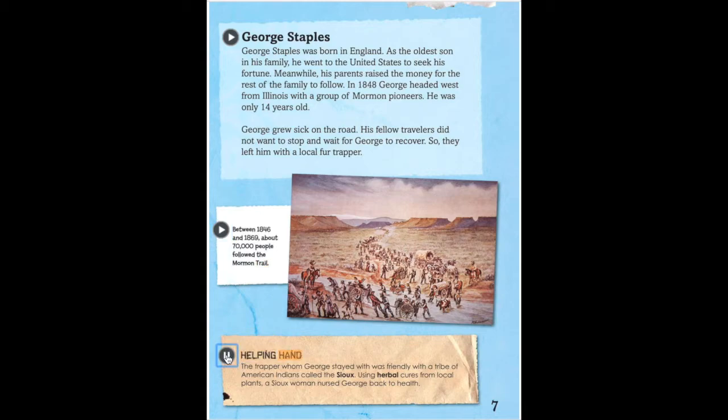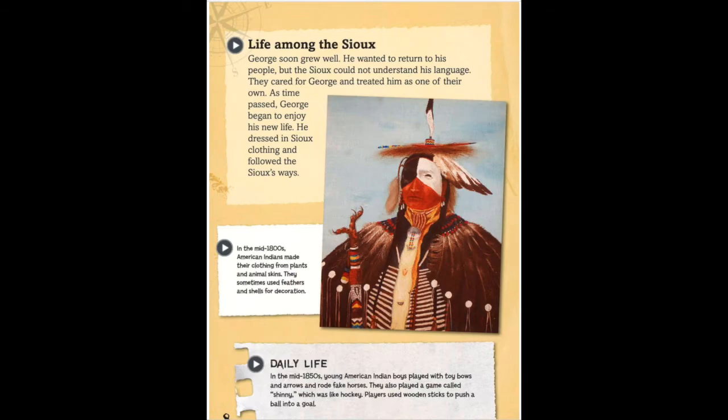Helping Hand. The trapper whom George stayed with was friendly with a tribe of American Indians called the Sioux. Using herbal cures from local plants, a Sioux woman nursed George back to health. Life among the Sioux. George soon grew well.